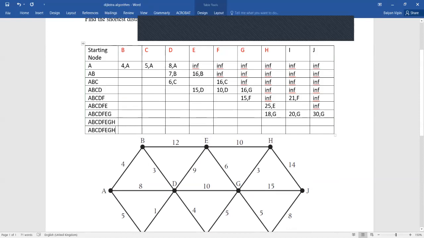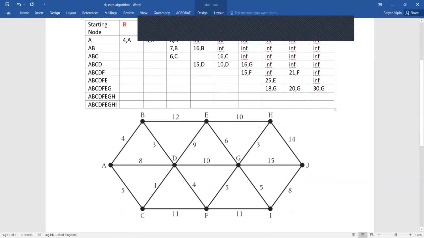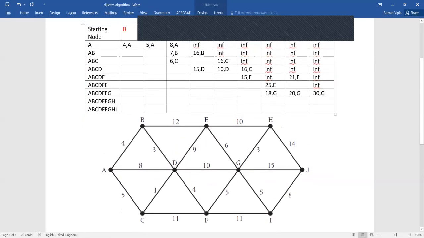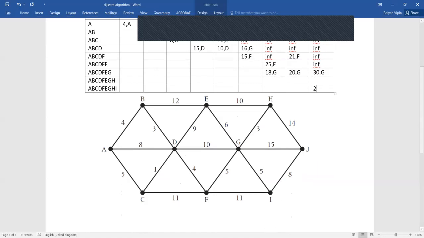It is I. Now I to J is 8. And what is the cost to reach I? It is 20. So we are using I, and the cost to reach it is now 28, comma I.